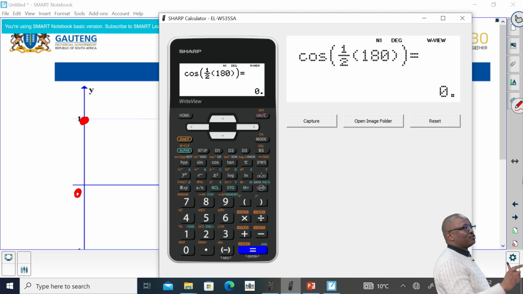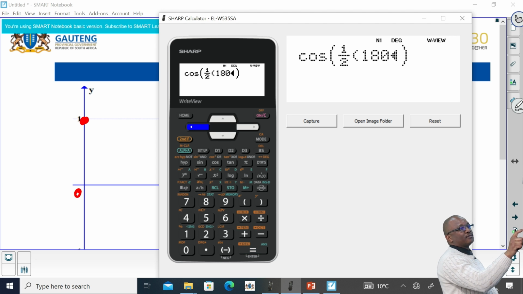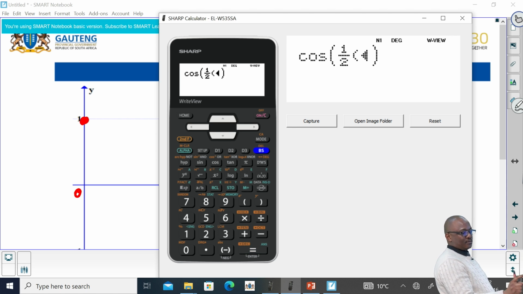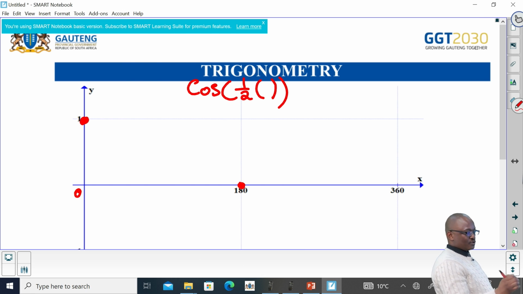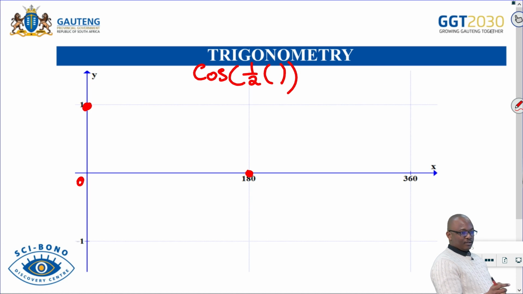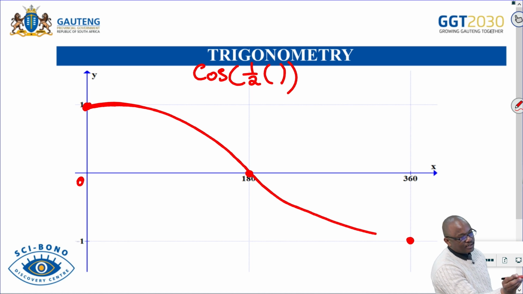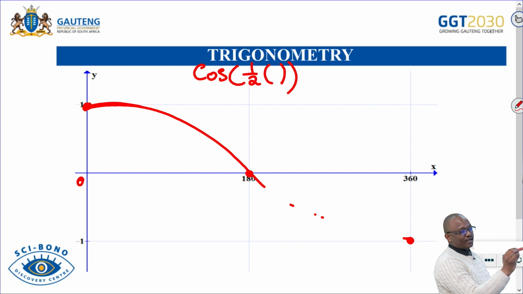Then when we substitute 360, we get negative 1. So in sketching this graph, remember, you have to be a little bit careful. Let's put our curve nicely here.